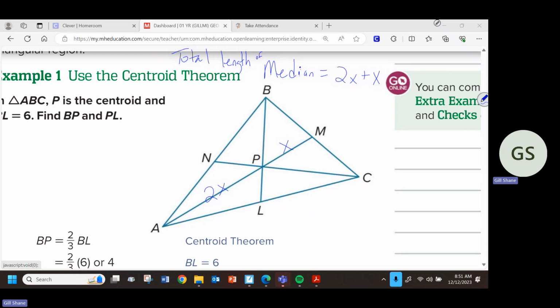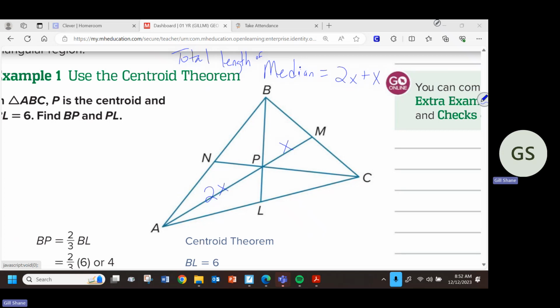So there's still only one variable, which means that even though you might think you're missing a lot of information, you're not, because they're all related to this one smallest segment. That's really the only unknown. If you know that, you can figure the whole thing out. Or vice versa. If I tell you the whole thing, you can figure out the shortest segment, because it's really just going to be divided by 3.